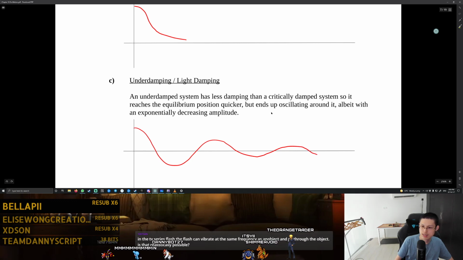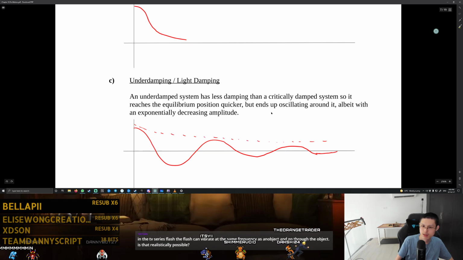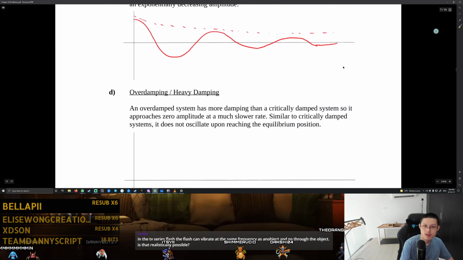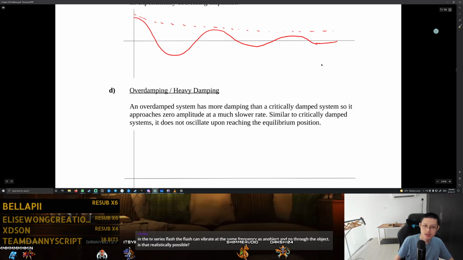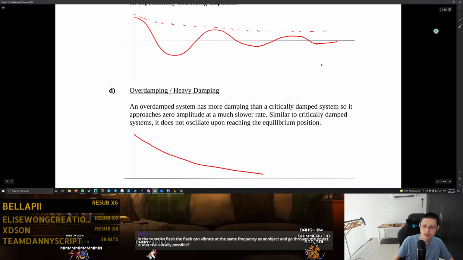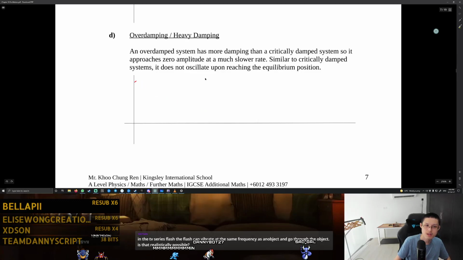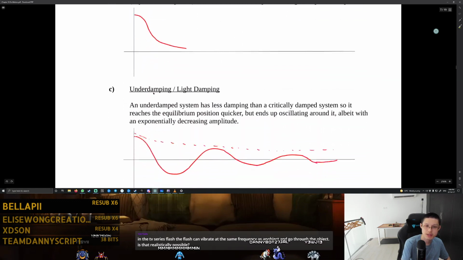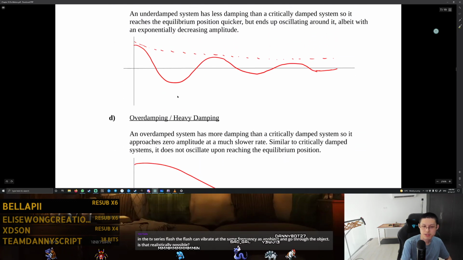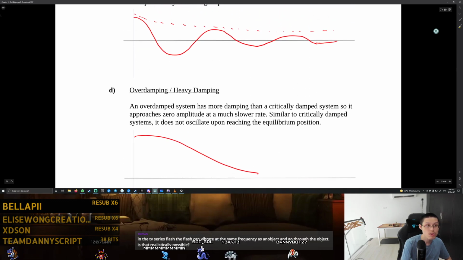But notice that the period of the oscillation doesn't change, only the amplitude changes. And then for overdamping, it goes down like this and like this. It takes a lot longer than critical damping. Essentially, it's like a longer version of critical damping.